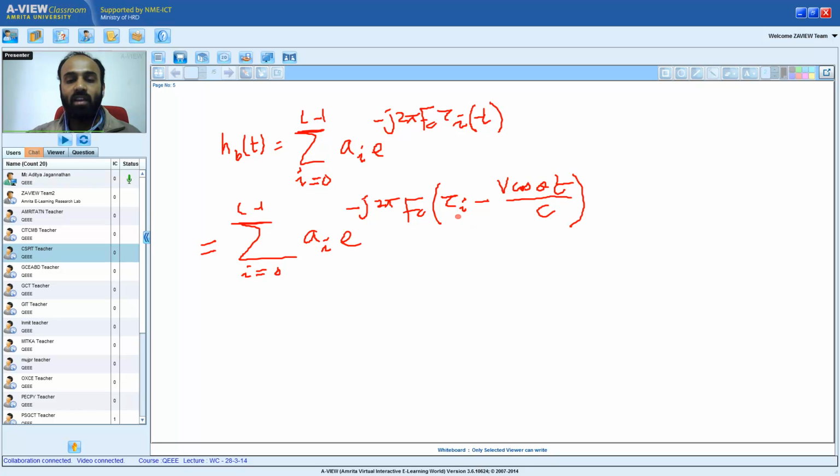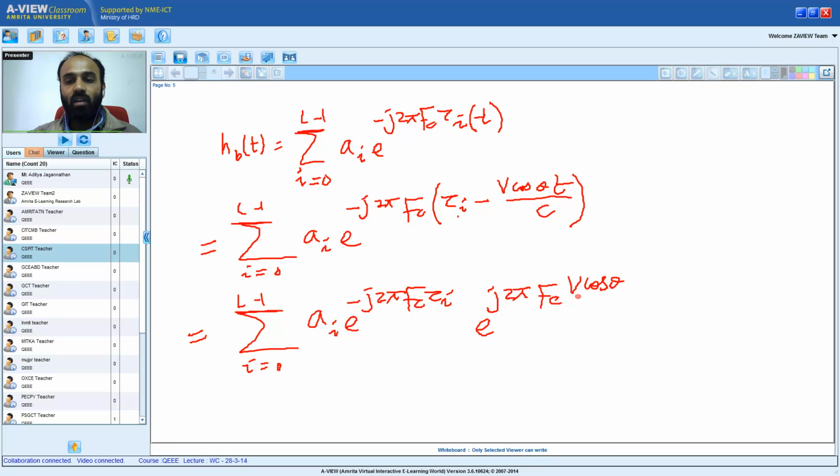We said tau_i is decreasing by v cosine theta t divided by c, which means I have summation i equals 0 to L minus 1 of a_i e to the power of minus j 2 pi f_c tau_i into e to the power of j 2 pi f_c v cosine theta by c into t.